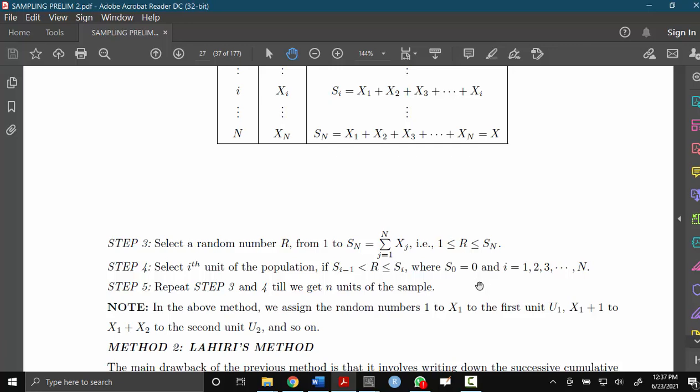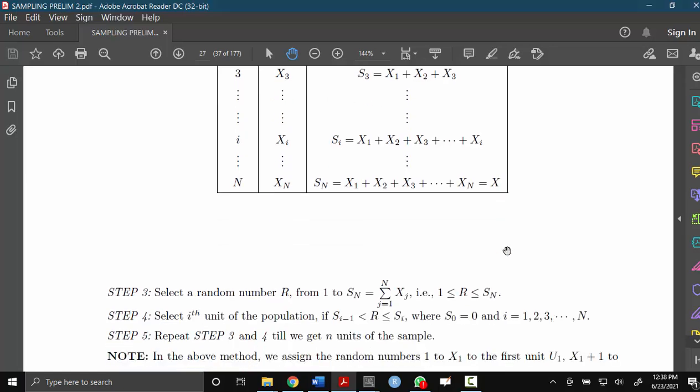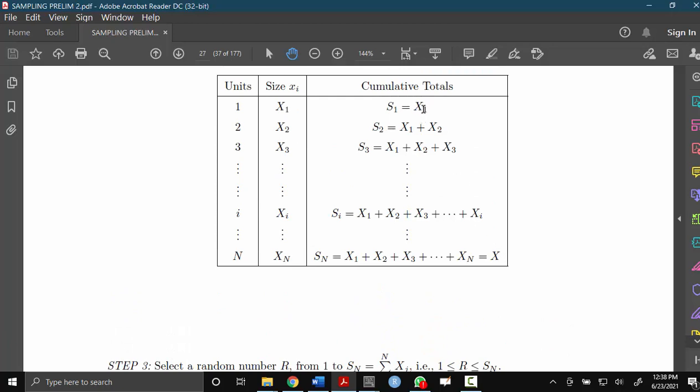So in this method, you can see the random number r. For the first unit x1, I am assigning the values 1 to x1. For the second unit, I am assigning x1 plus 1 to x1 plus x2.